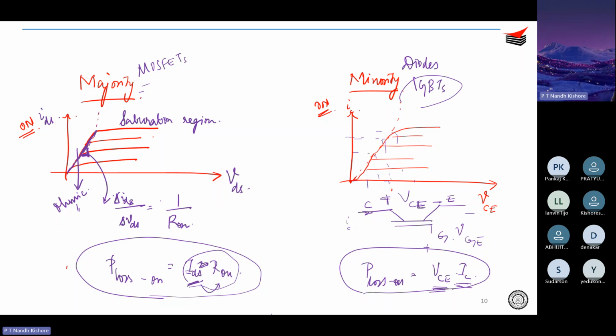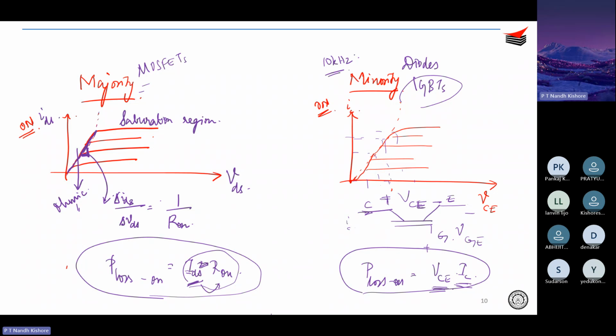However, MOSFETs have a loss that's proportional to your power level. As your power level increases, your loss also increases, right? Too much, because it's I square times R on. So because of that, we use MOSFETs for high frequency applications. So IGBTs, you operate only till, let's say, around 10 kilohertz is the maximum you can operate.